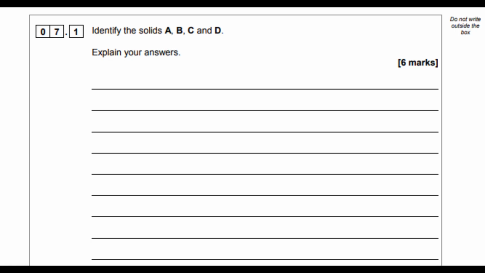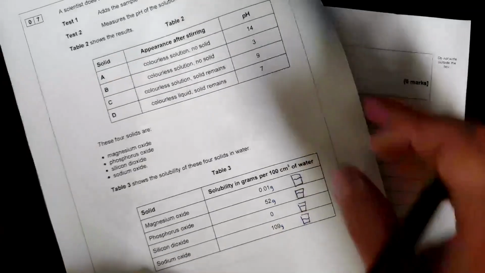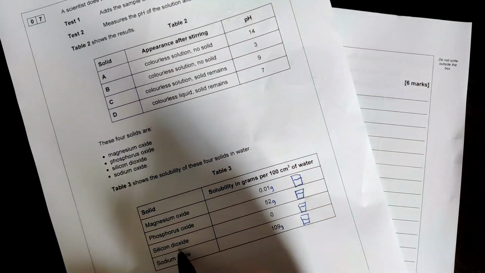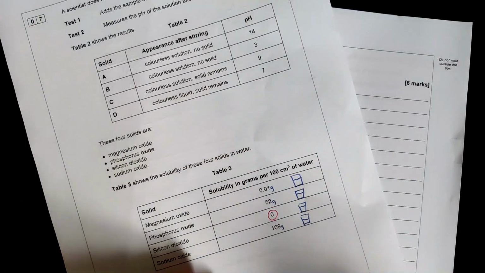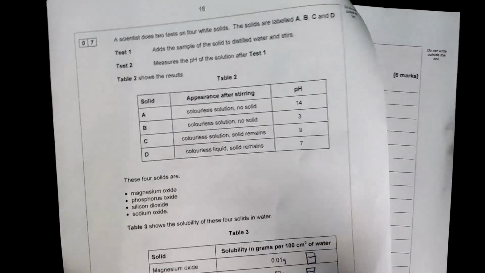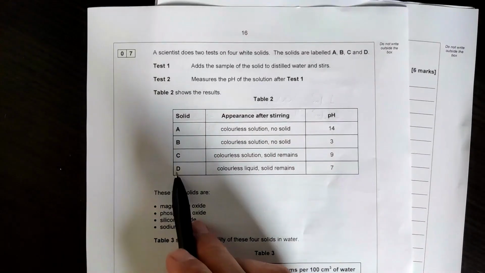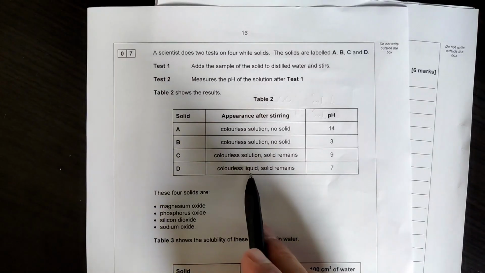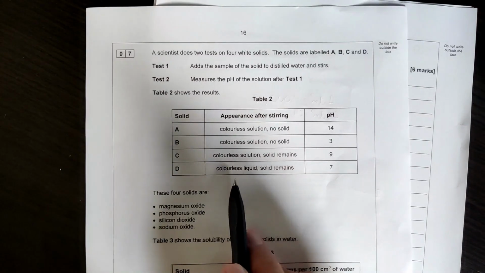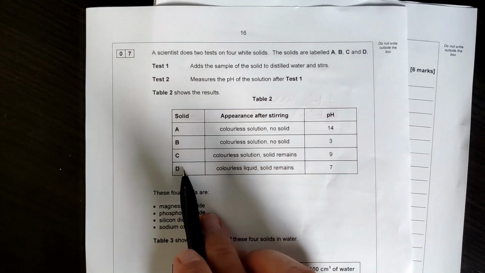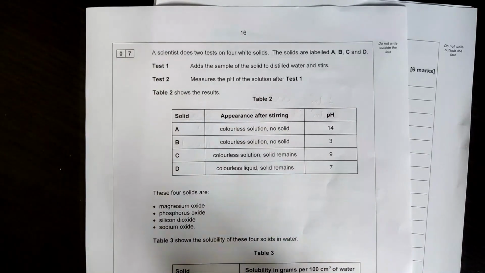First of all, I'm going to start with the solubility one. We know that silicon dioxide has 0 solubility, and we also know that solid D did not dissolve because it didn't make a solution, it is just a liquid. So it's very likely that that is silicon dioxide.